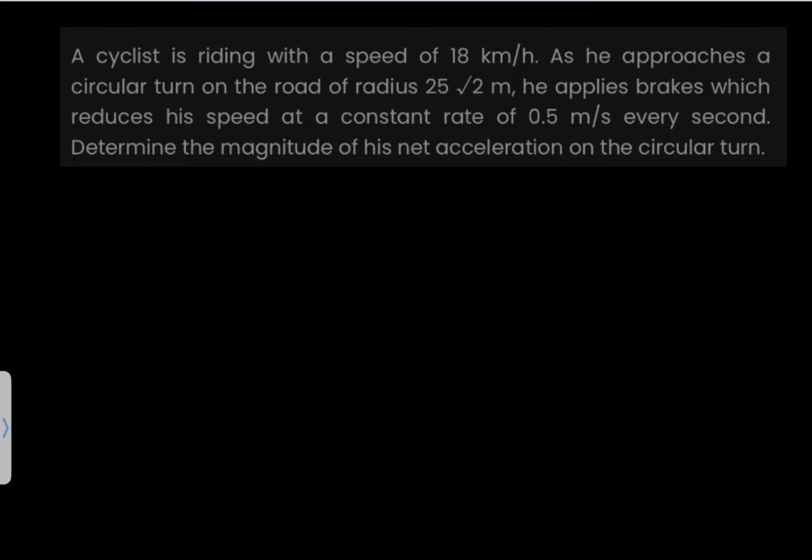So we can see that it is definitely not UCM, meaning it is not uniform circular motion, because the value keeps on changing for velocity, so the tangential acceleration component will come into the picture. So this is referring to non-uniform circular motion only, where a net value will be root over a tangential square plus a centripetal, or normal, square.